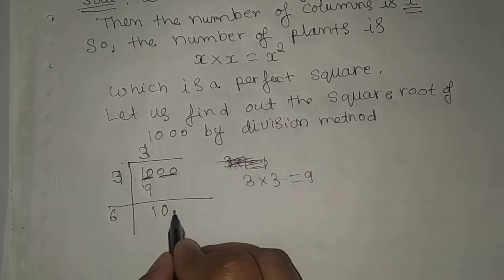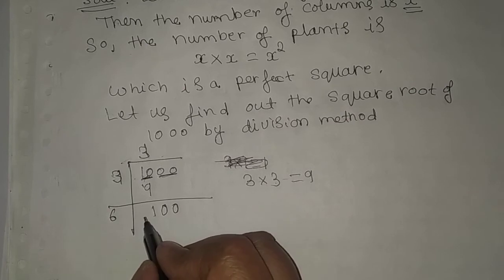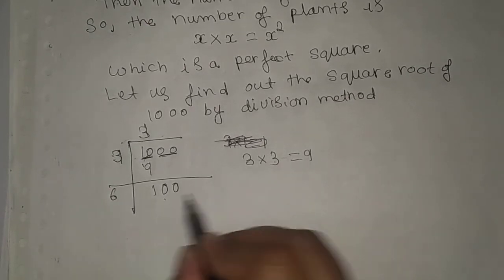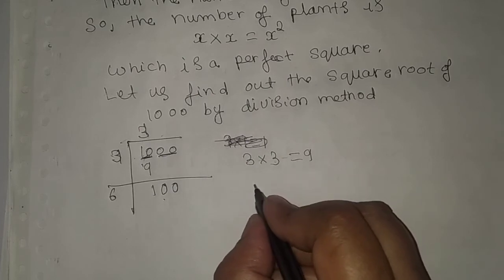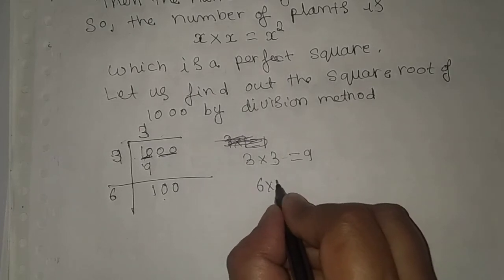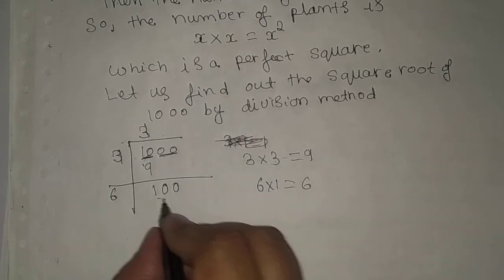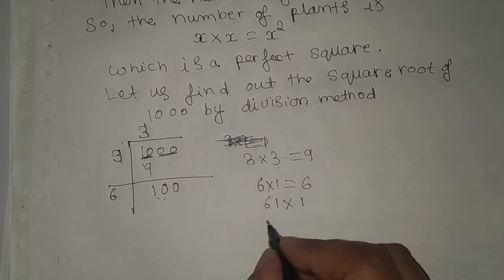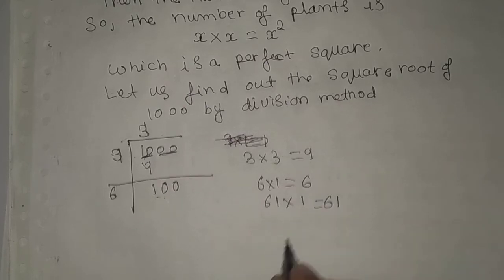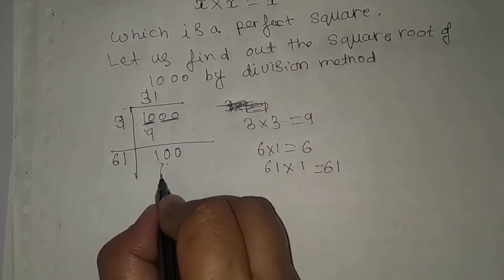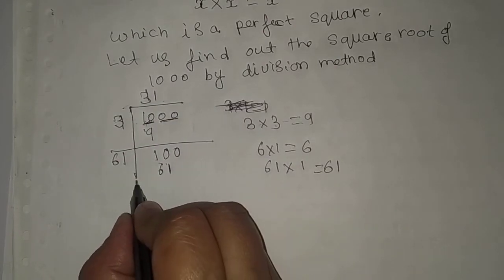Then bring the other two numbers, then find the nearest number to this one, that is 10. The nearest number will be 6 into 1 is equal to 6. Therefore 6 1 into 1 will become 61. Therefore write 1 here, then 1 here. Therefore 61 here we have to write.